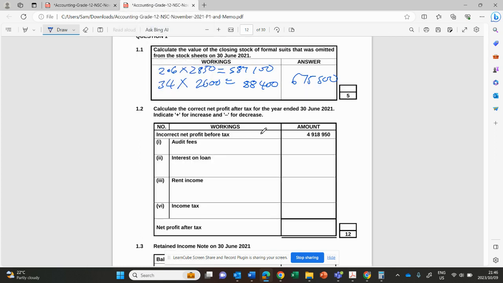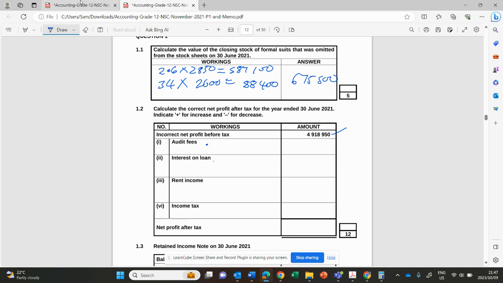It's incorrect, so you are fixing this one. On the answer book, you need to fix the audit fees, the interest income, the rent income, and put the income tax there, and get the net profit after tax.